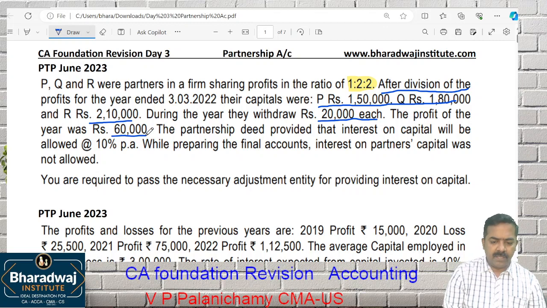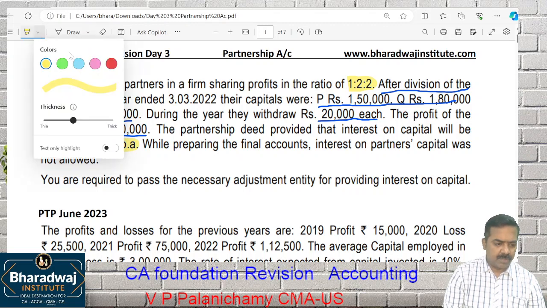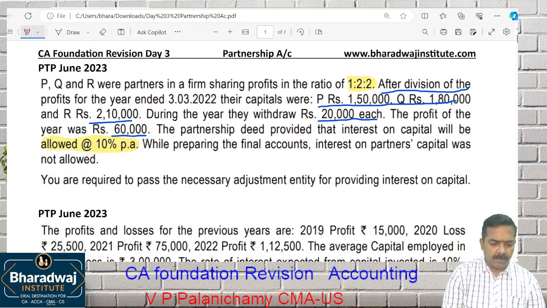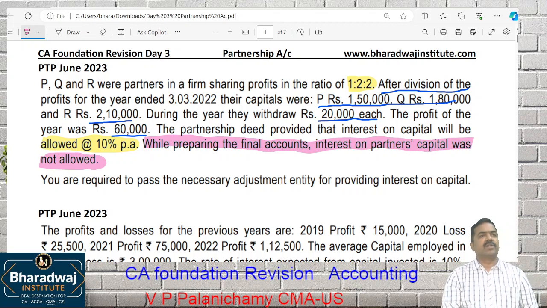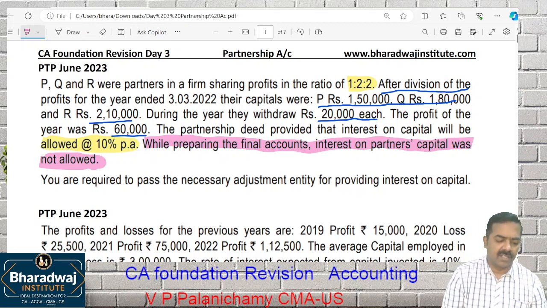The partnership deed provided that interest on capital will be allowed at the rate of 10%. Next is the most important sentence. While preparing final accounts, interest on capital was not provided, which means they closed the distribution of profit without allowing interest on capital.